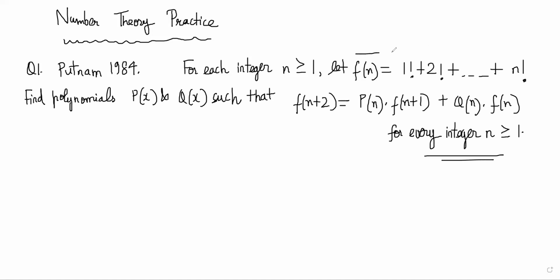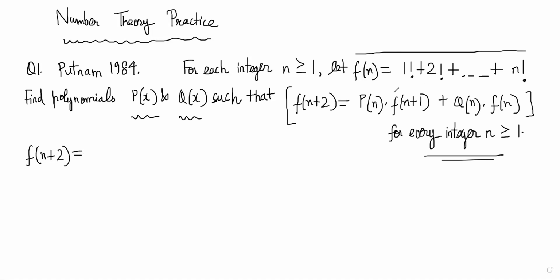So our function f of n is defined like this, and we have to find polynomials p of x and q of x which satisfy this relation for all n greater than or equal to 1, right? So let's analyze this function and try to find out what is f of n plus 2.